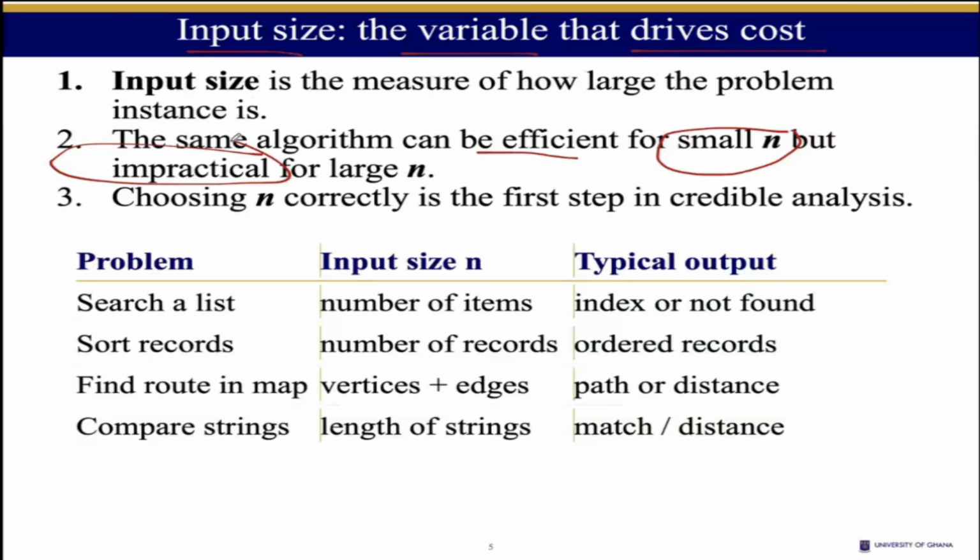So if I have a problem like searching for an item in a list, then input size n will be the number of items, and the typical output will be an index or not found.